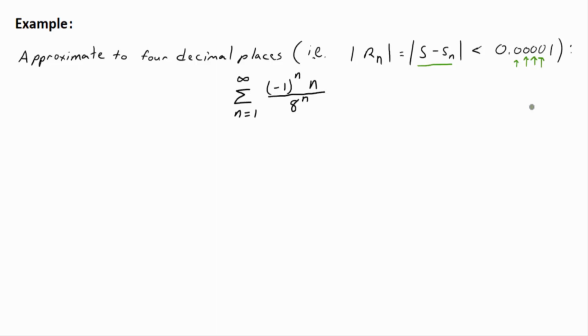I noticed after I wrote this problem that if it's correct to 4 decimal places, your book will only use 3 zeros here. And if I'm wrong about that, I'll tell you, but it's not going to matter on the exam, because I'm just going to put it in terms of get it less than this, and then you'll know for sure.